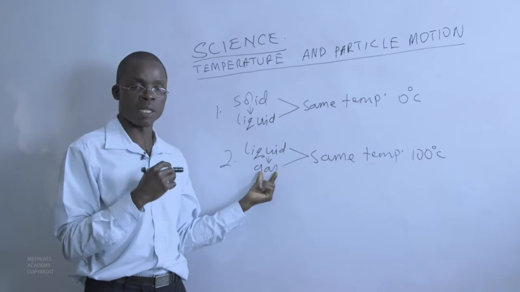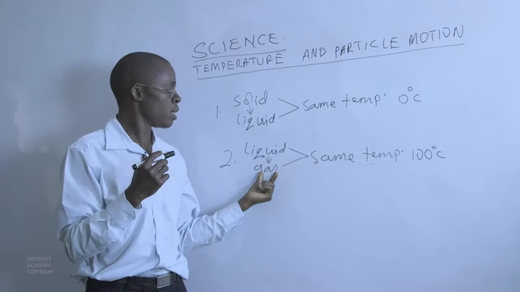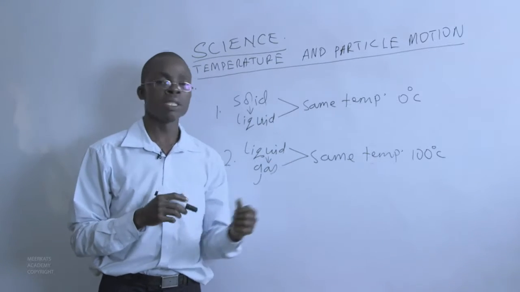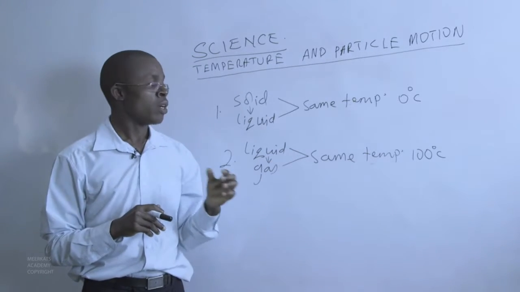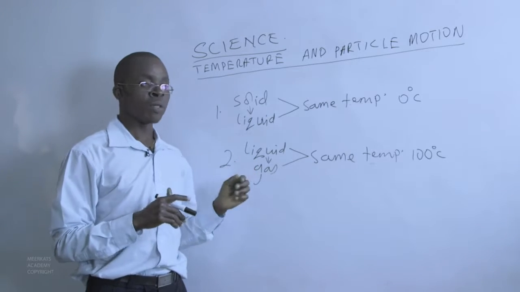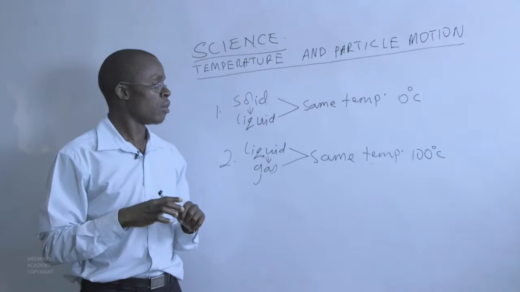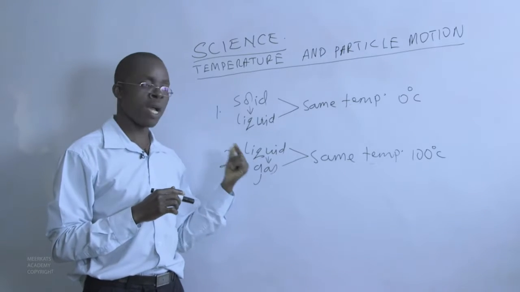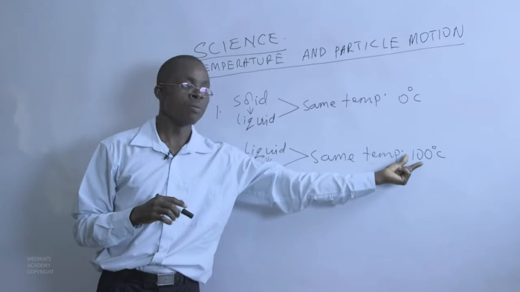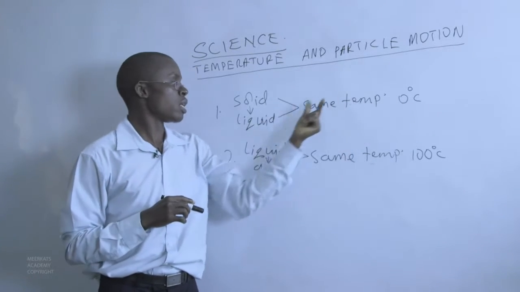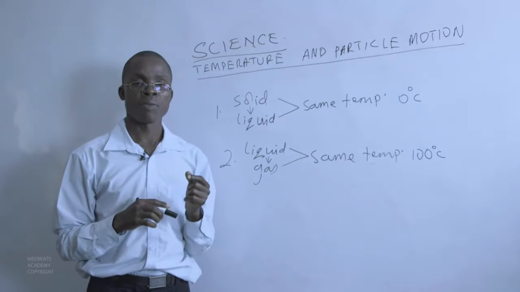They move faster than in a liquid, even if the temperature is the same. To further understand this, we shall have to look at some other explanation for us to understand why the temperature is the same, but the energies are different.